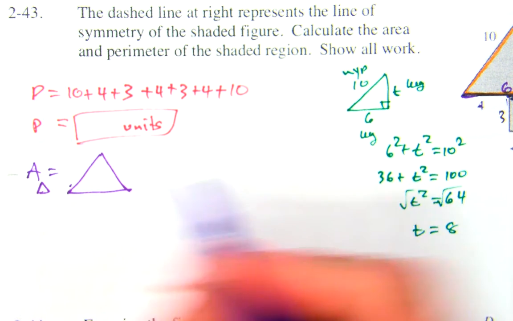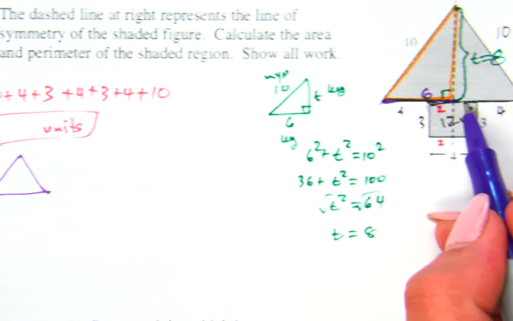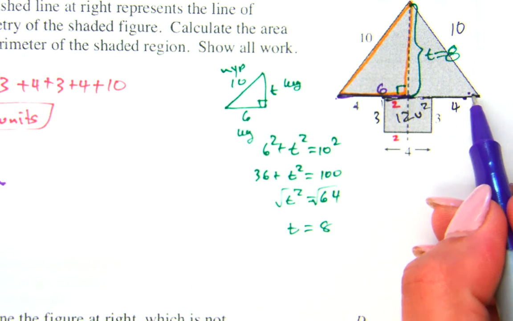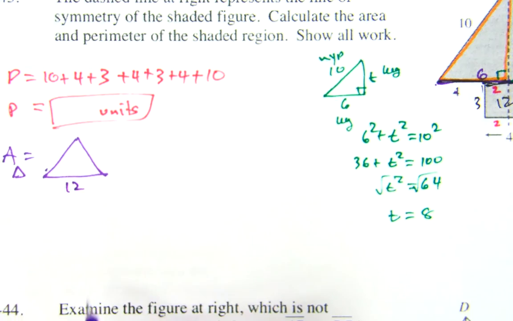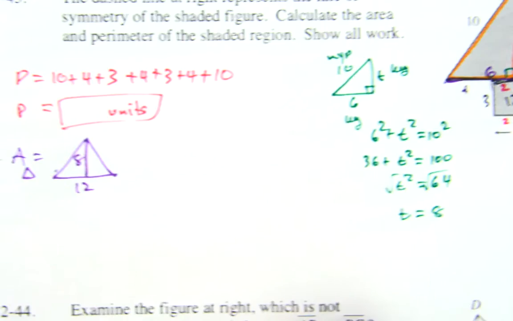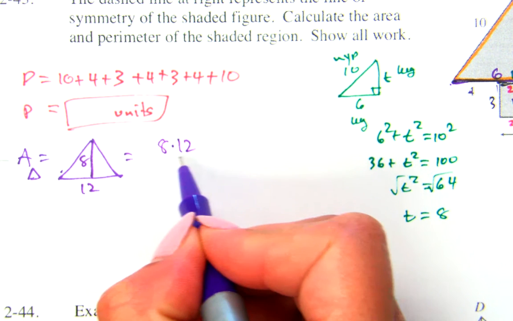Well, the base is going to be 6 on this side, and then another 6 on the other side, because it's 6 from here to here, so it's got to be 6 from here to here. So that gives us a total of 12 as the base. We figured out that the height was 8.